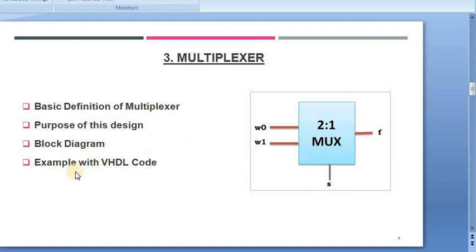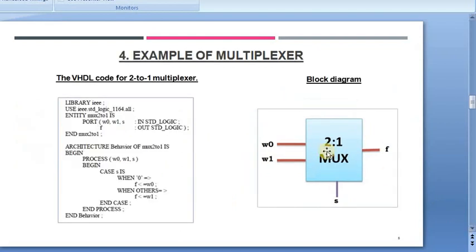Now in order to understand this topic, let's take an example of a multiplexer shown on the next slide. As you see on the slide, an example of a multiplexer is shown. This is an example of a 2:1 multiplexer circuit. See its block diagram on the right.